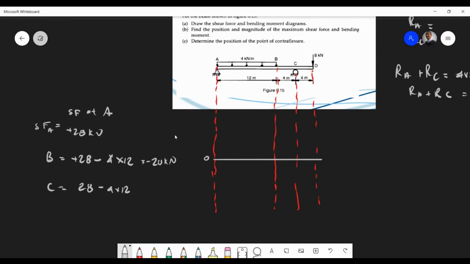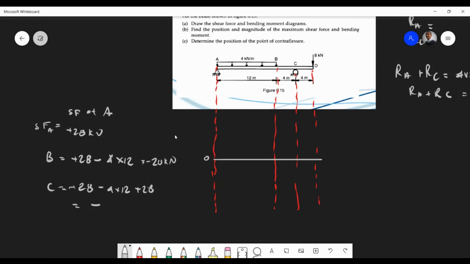What's the other one now? Oh yeah, you've got a plus 28 again. So therefore at C we only have minus 48. Correct. No man, what am I doing here?